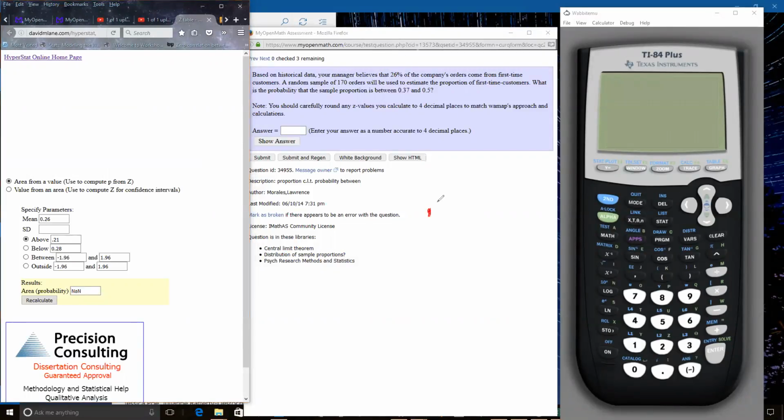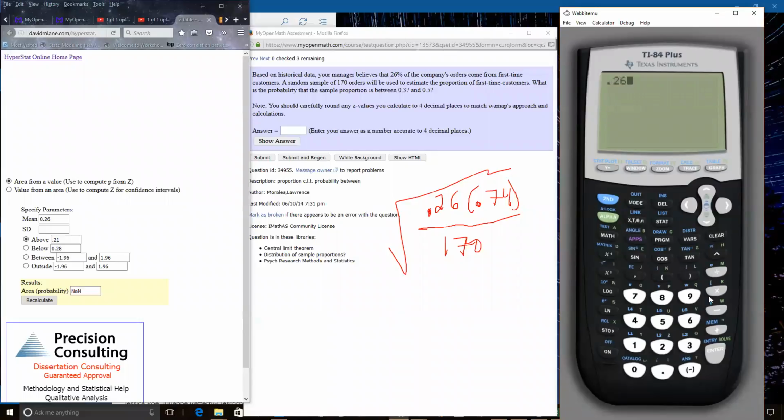So 0.26 times 1 minus 0.26, which is 0.74. I divide that by the size of the sample, which is 170, and then I take the square root, and that will be the standard deviation, or the standard error, depending on what you want to call it, for the sampling distribution.